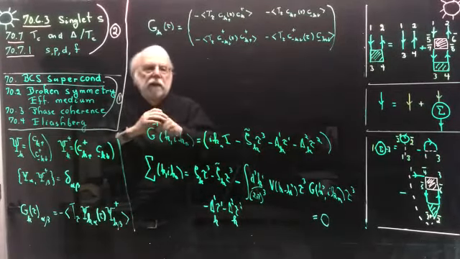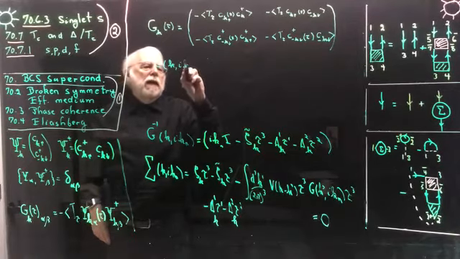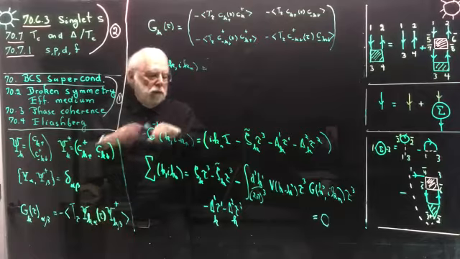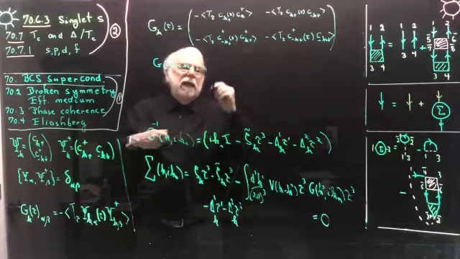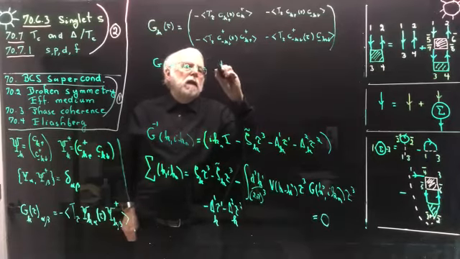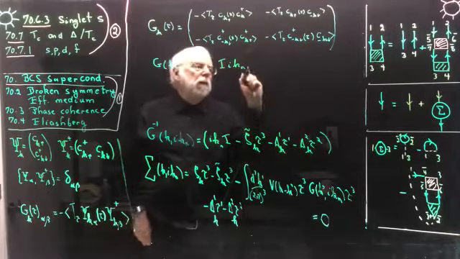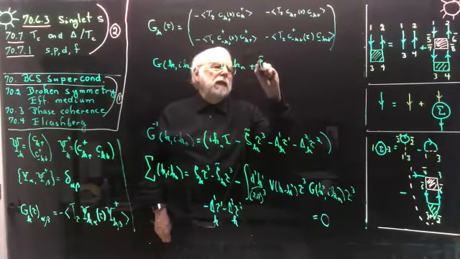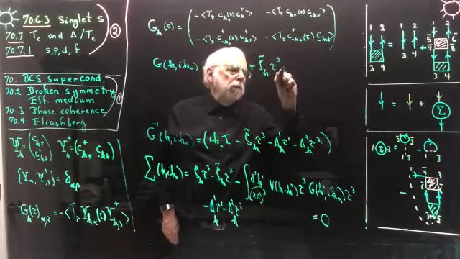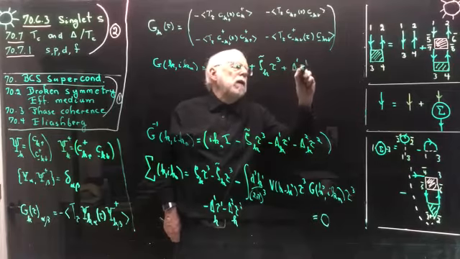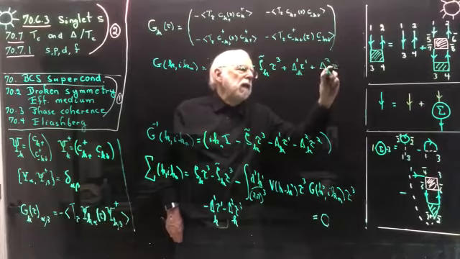We have that G of k, i k_n is just equal to the identity times i k_n plus zeta tilde k tau 3 plus delta 1 k tau 1 plus delta 2 k tau 2.